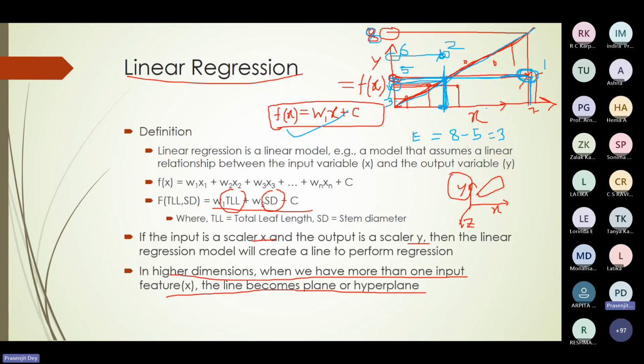Now in the second example, so this was sample one. For sample one, 8 was the predicted value and 5 was the real value, so the error was positive 3. Now for the second example, the corresponding error will be E2.